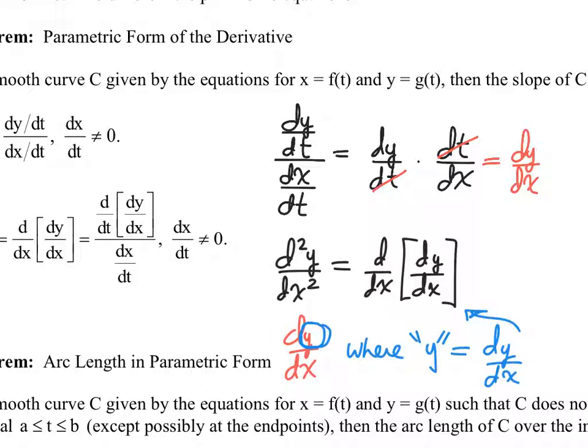So that y is getting swapped out for a dy/dx. So we have a d/dx of this y, which is also a dy/dx. So that's where this is coming from.